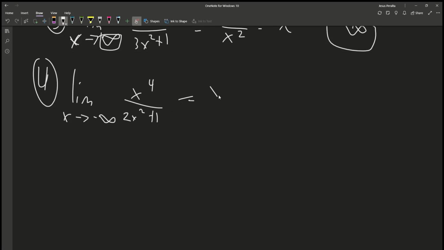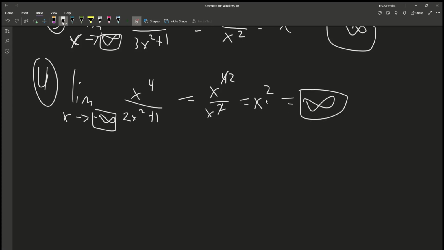So we're just going to rewrite it as x to the power of 4 over x squared, which is equal to x squared, since 4 minus 2 is left over 2. Then you plug in negative infinity, but since it's a negative and a negative, it's going to be positive infinity. So from here, we are going to go on to number 5.